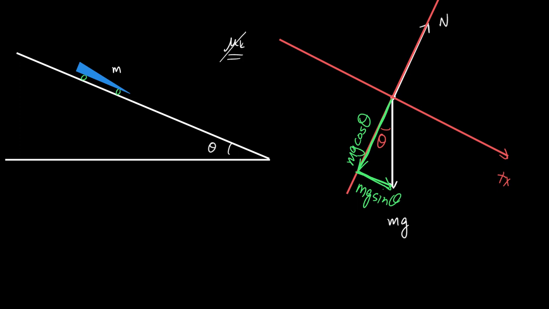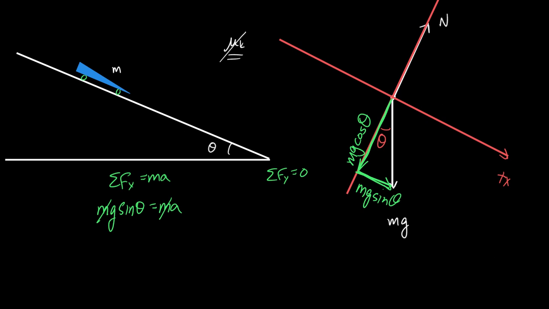Now, if we just stop at this point and do not include friction, the net force in the x direction equals ma. It's accelerating down the ramp. And net force in the y direction equals 0. We designed it that way by choosing our x direction to be in the direction of the acceleration, which means mg sine theta equals ma. The acceleration is not based on the mass.